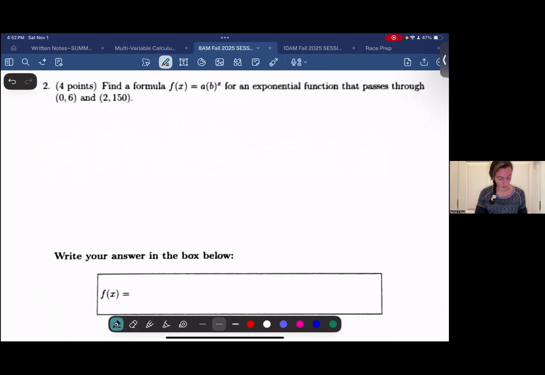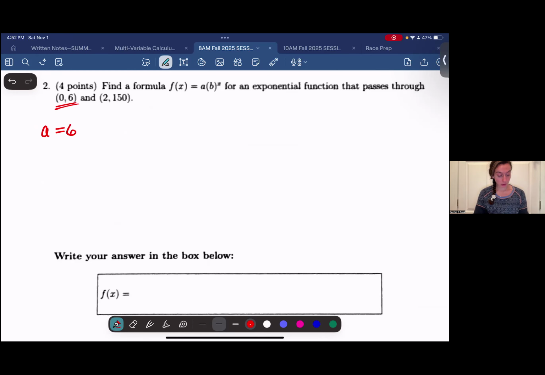So we know straight off the bat what our initial starting point is, aka our y-intercept. That's just 6. So our y-intercept is the same as our a value. That saves you some time.